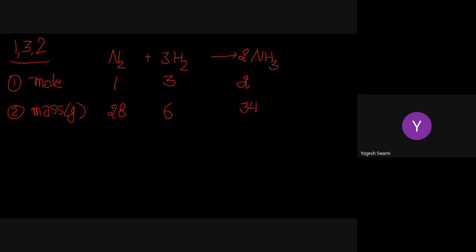So this relationship says 28 gram of nitrogen reacts with 6 gram of hydrogen and forms 34 gram of ammonia.